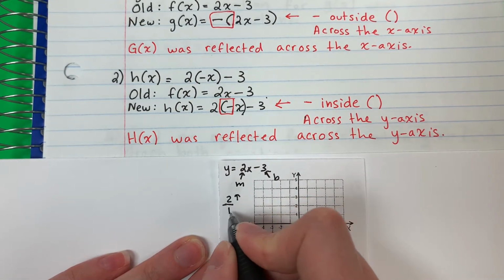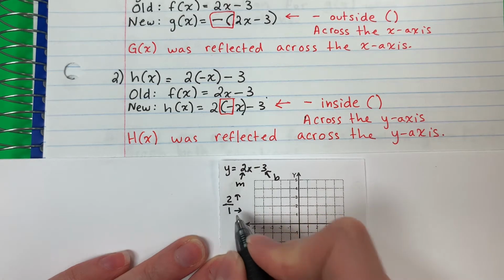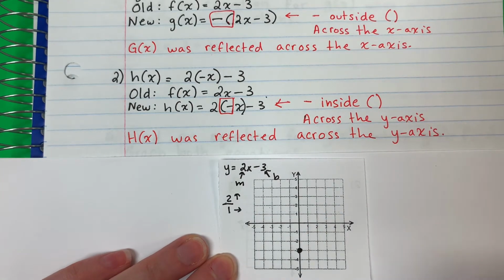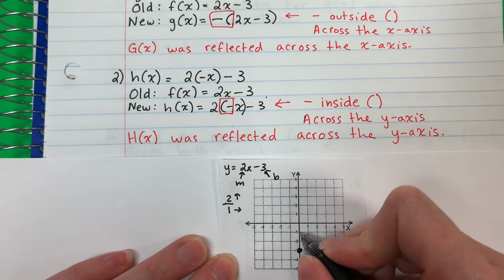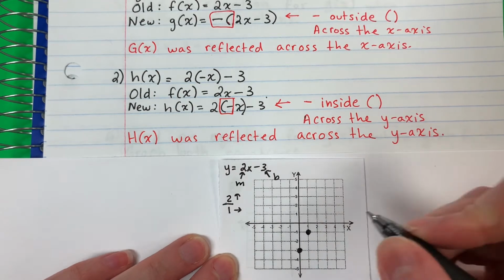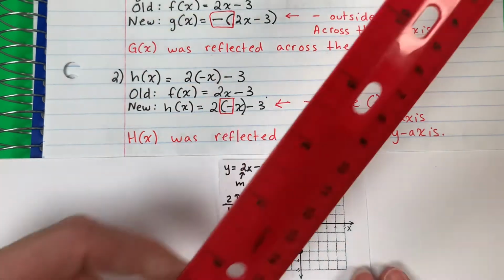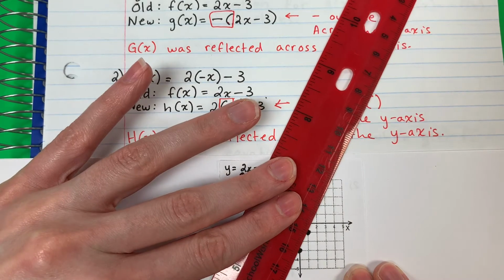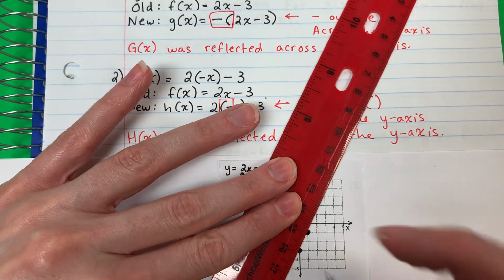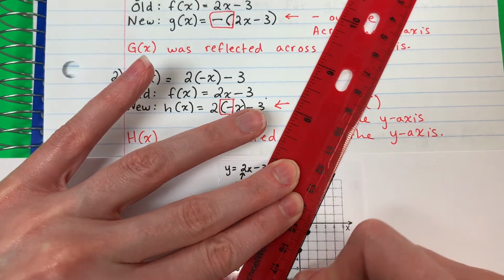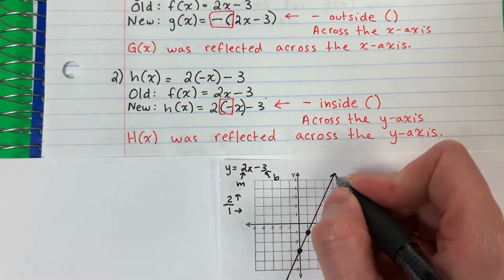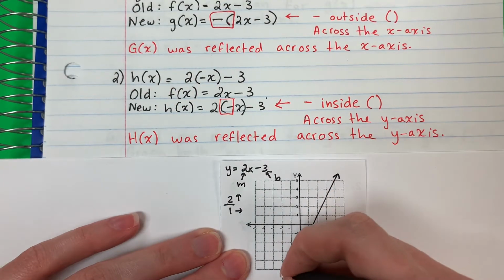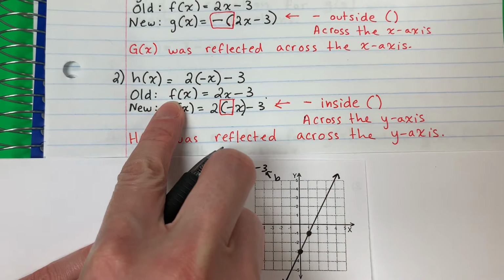Positive 2 is up, 1 is right. So 2 up, 1 right. It's the same as before. So 2 up, 1 right, with a line. This is f of x.